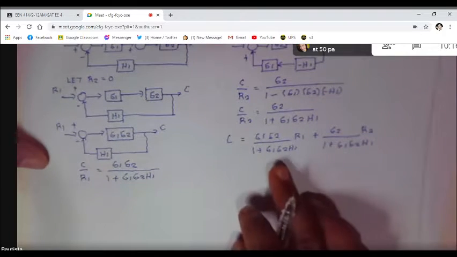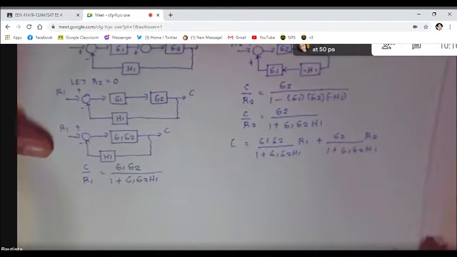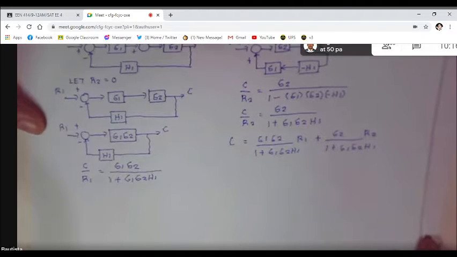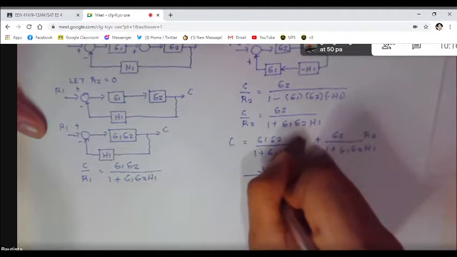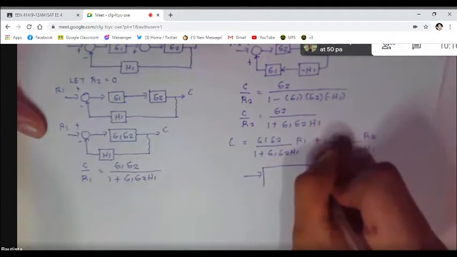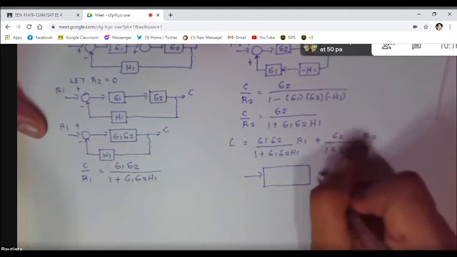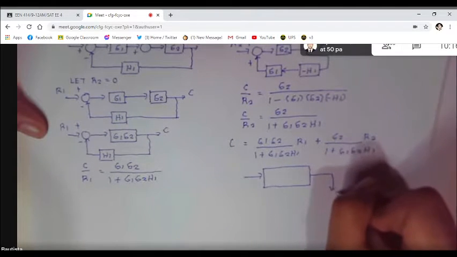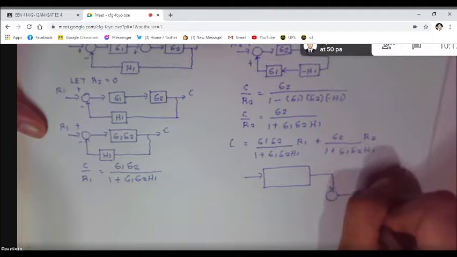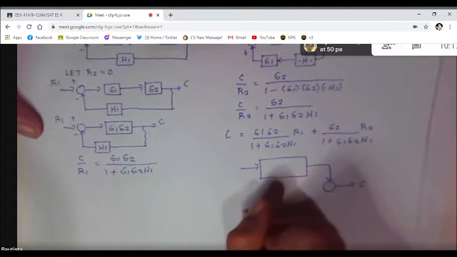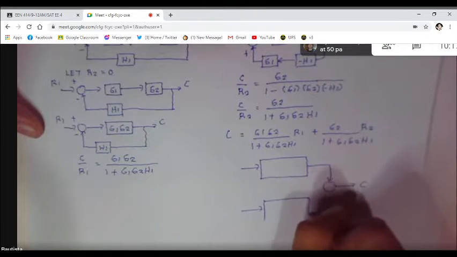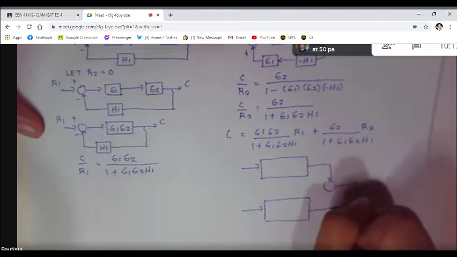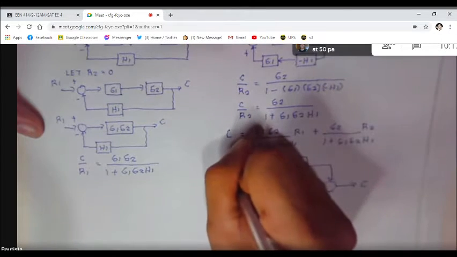Now, paano natin i-drawing ito? Mag-block diagram. Paano kaya? So, ganito. Lakihan ko na yung block para magkasya. Okay, ayan. C. Tapos, ito. Okay, so we have R1.